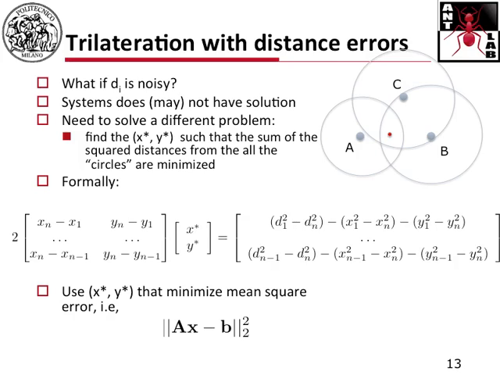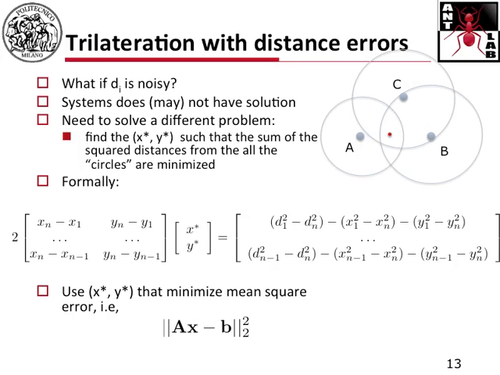And the error function, which is minimized in this case, is the square error of the point x star and y star with respect to the reference distance measure which you are actually taking.